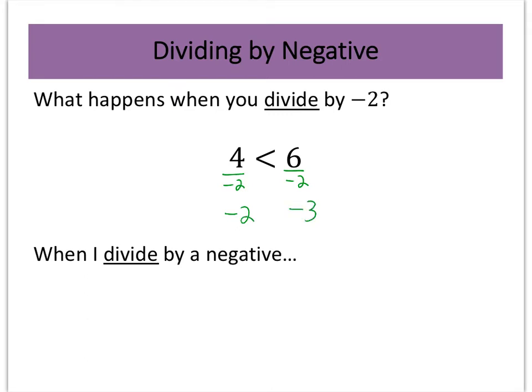Now take a moment: does the symbol stay the same, or does it flip? Hopefully you've concluded that negative 2 is a bigger number than negative 3 because negative 3 is more negative. So the symbol actually does flip. So again, when I divide by a negative, I would write in my notes, the inequality symbol flips.